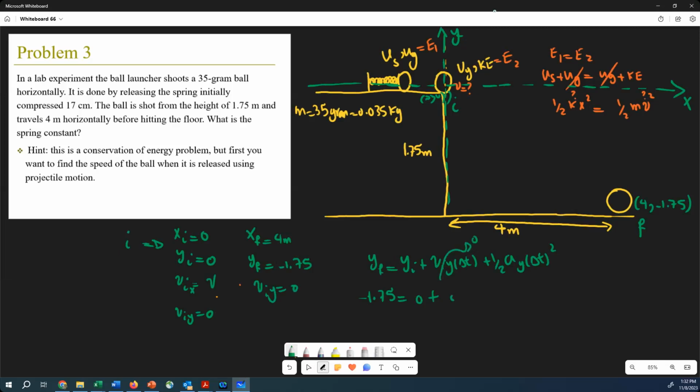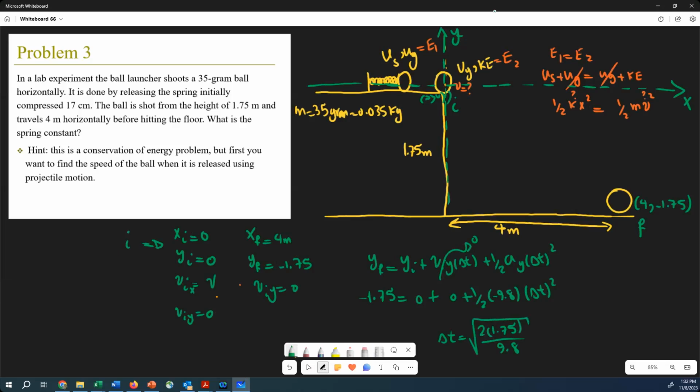Plus 1 over 2, what is the acceleration? Negative 9.8. What is the time? Delta t squared. So delta t squared is going to be, negative and negative both cancel each other, so we will have 2 times 1.75 divided by 9.8.